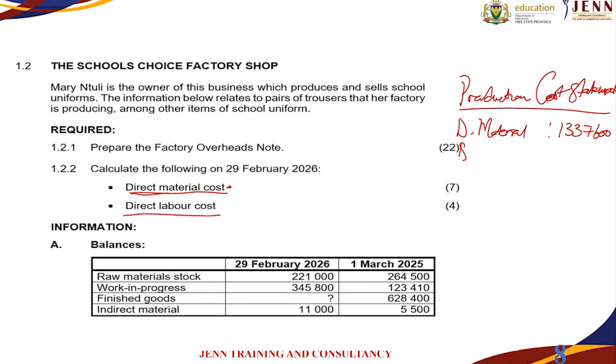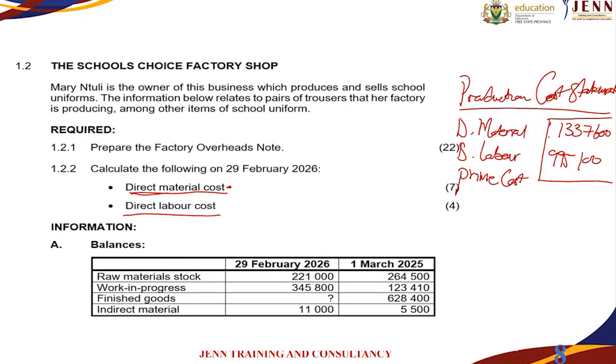Now, we recently calculated the direct labor cost as well. And then our final answer was 995,100. Now, on the production cost statement, remember, the format after this will be the prime cost. And in my concept, while I was explaining, I was trying to show you that when you add these together, they will definitely give you the amount of the prime cost.